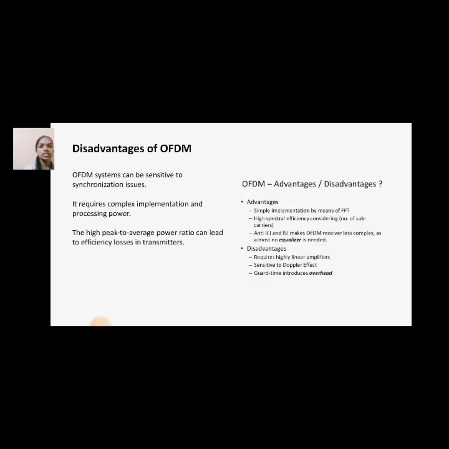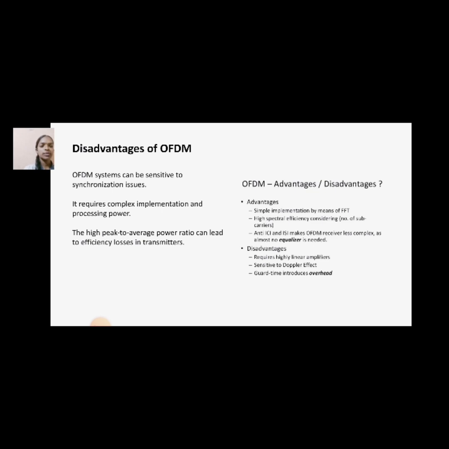Then disadvantages of OFDM. The OFDM system can be sensitive to synchronization issues. It requires complex implementation and processing power. The high peak to average power ratio can lead to efficiency losses in transmission.